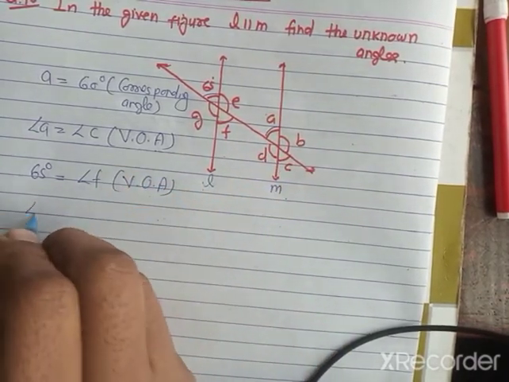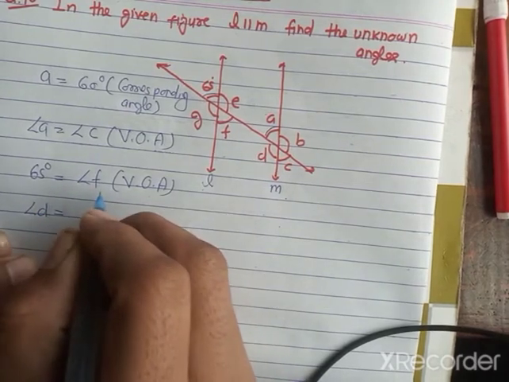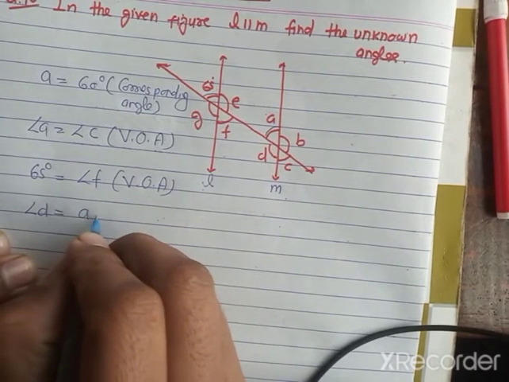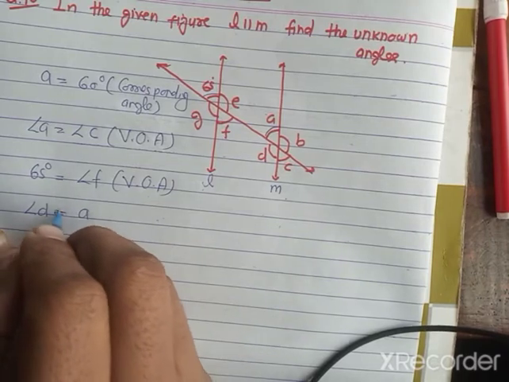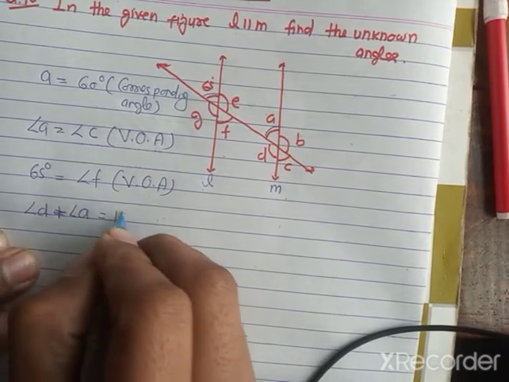Angle D plus angle A is equal to 180 degrees.